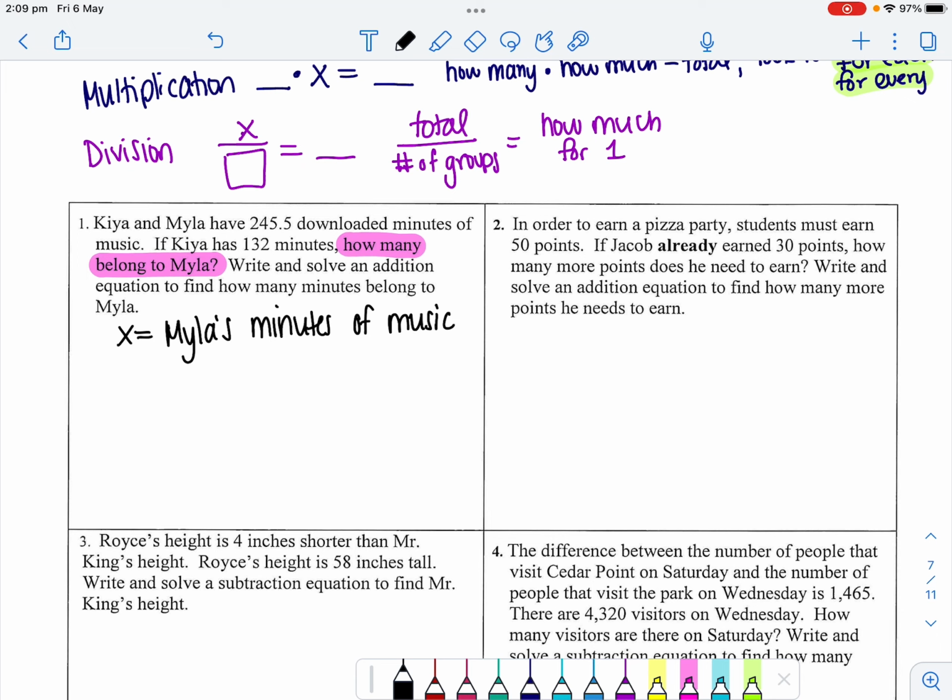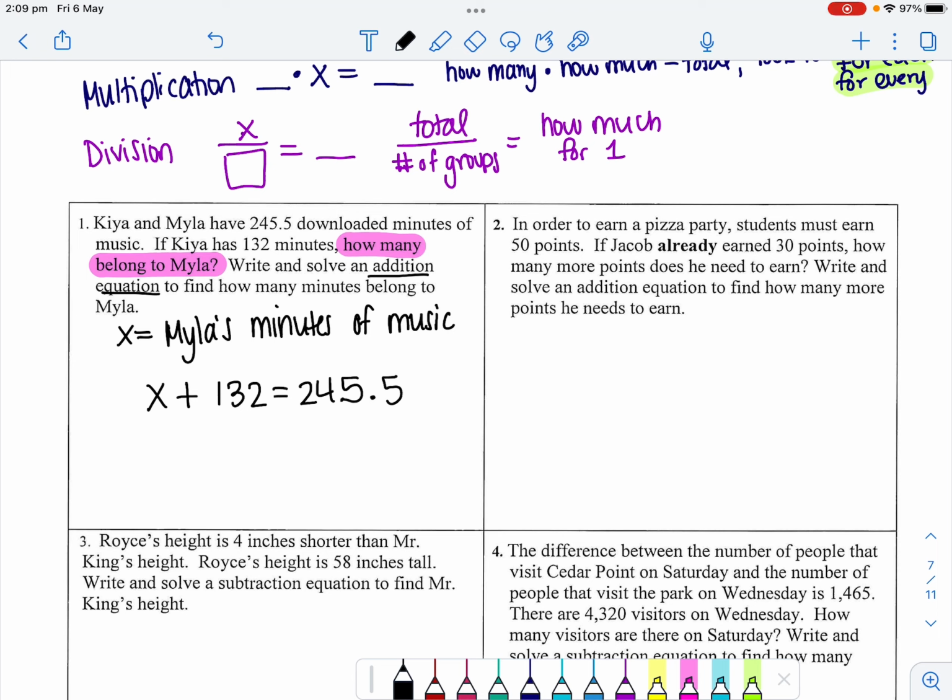Then it says write and solve an addition equation. So I know I'm writing an addition equation. It's going to be x plus something is equal to something else. I've already got my variable, so x plus, and then I know that 245.5 is the total. So I'm going to do x plus 132 is equal to 245.5.